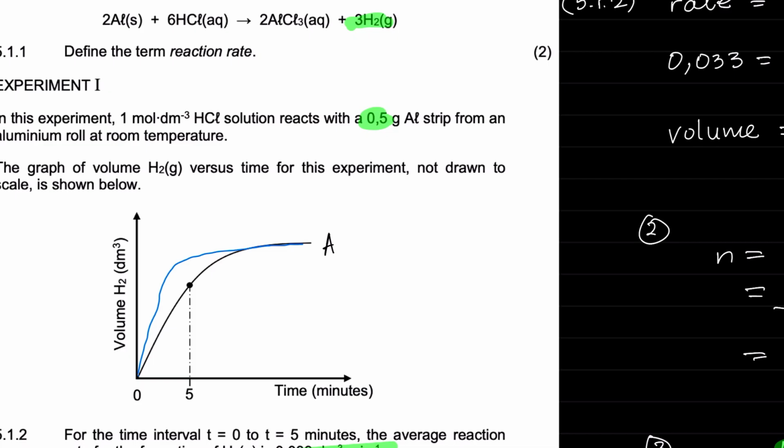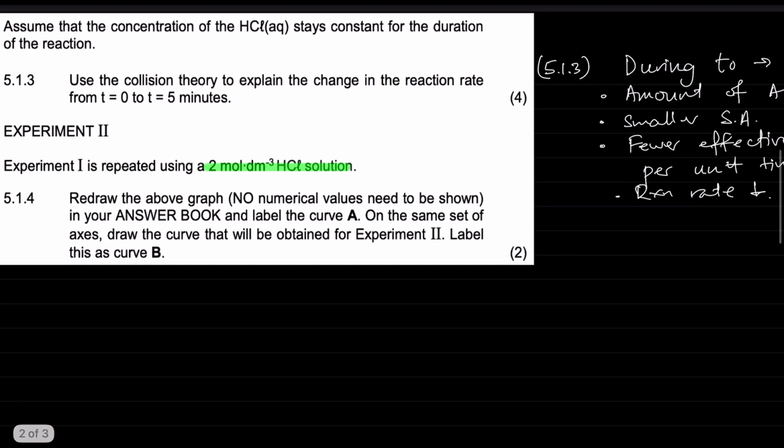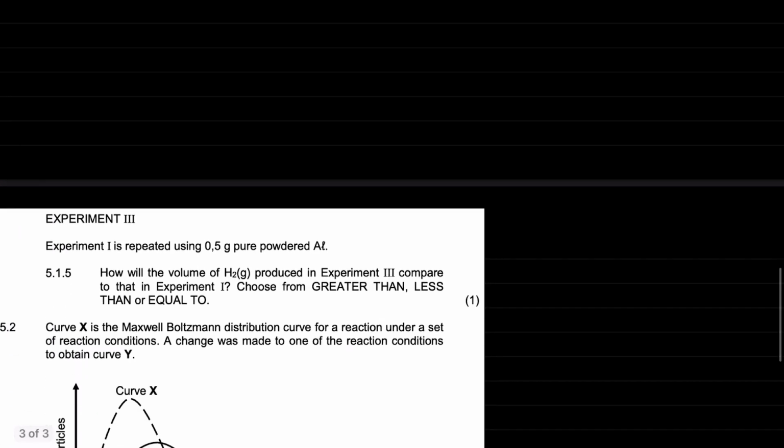So just to show that the amount of H2 is going to remain the same because HCl is an excess reagent. Okay, and here we can see that the graph flattens earlier, meaning that the rate is quicker. Okay, and let's move on now.